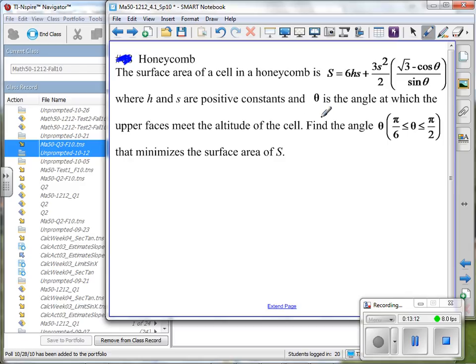Now, if we're going to minimize the surface area, which is our output, we're actually asked to find what? If I want to minimize the output, minimum would be an extrema. So we need to first do what?